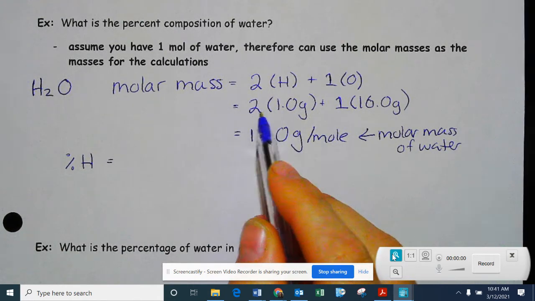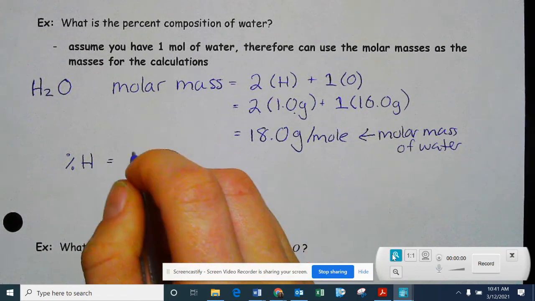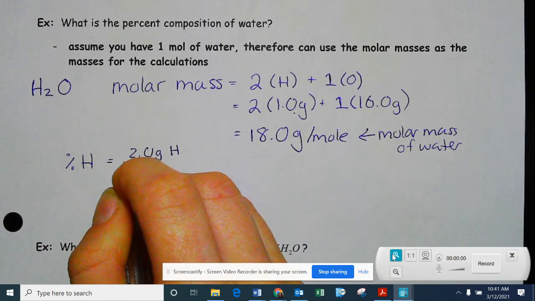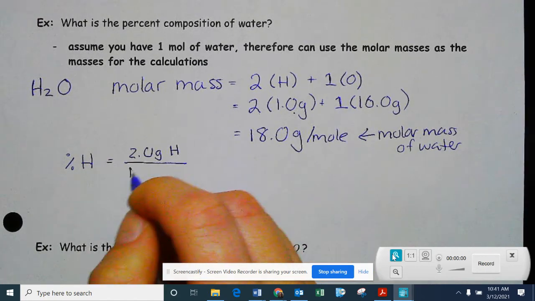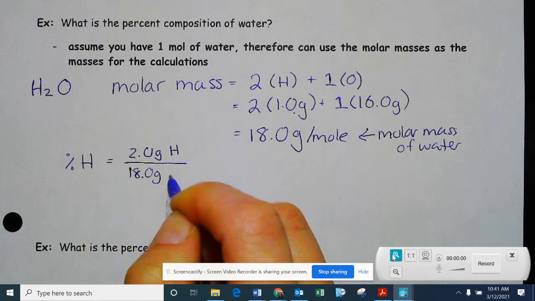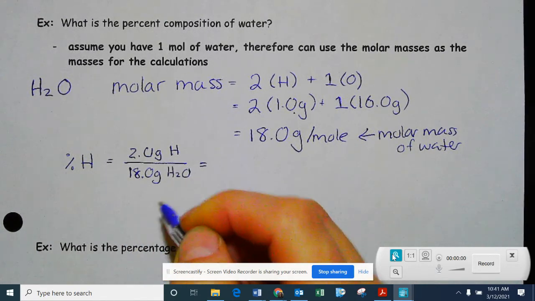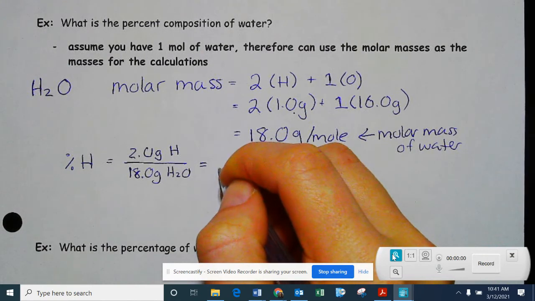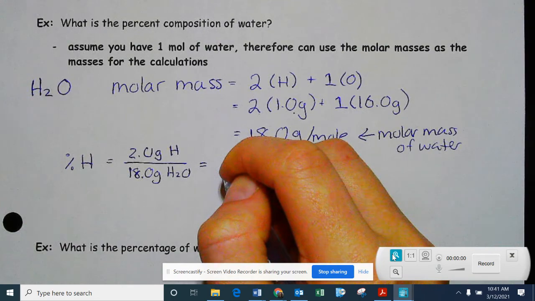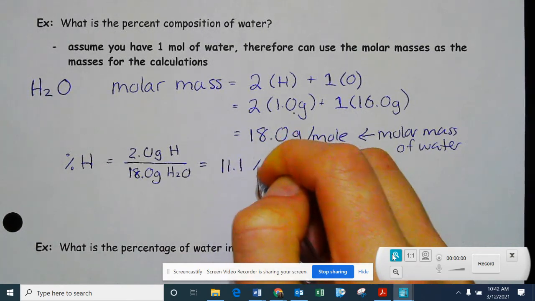I've got 2 grams of hydrogen in this, right? 2 grams of hydrogen for every 18 grams of H2O. So if I divide 2 by 18 and I multiply it by 100 to get percent, I should get 11.1%.